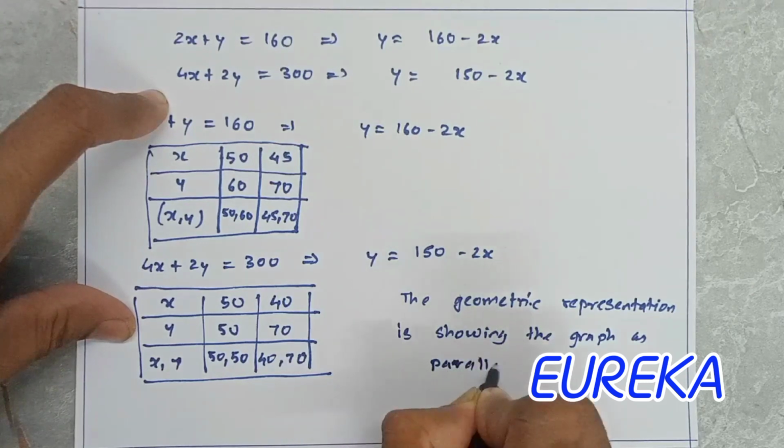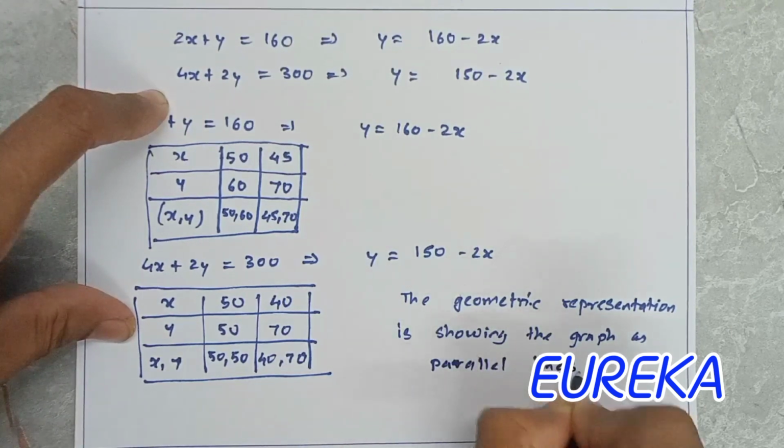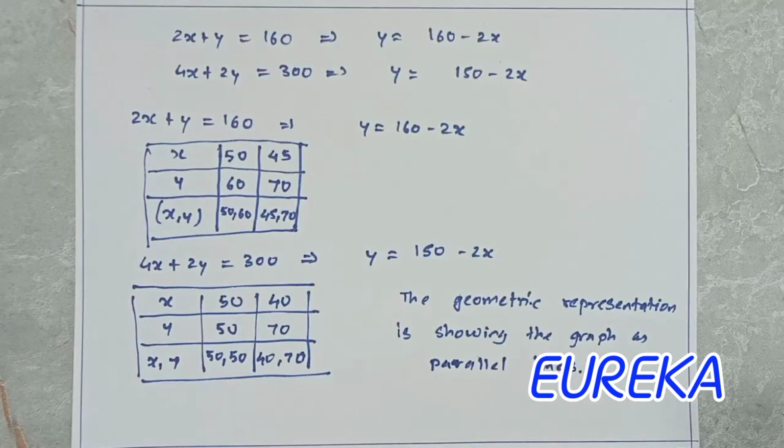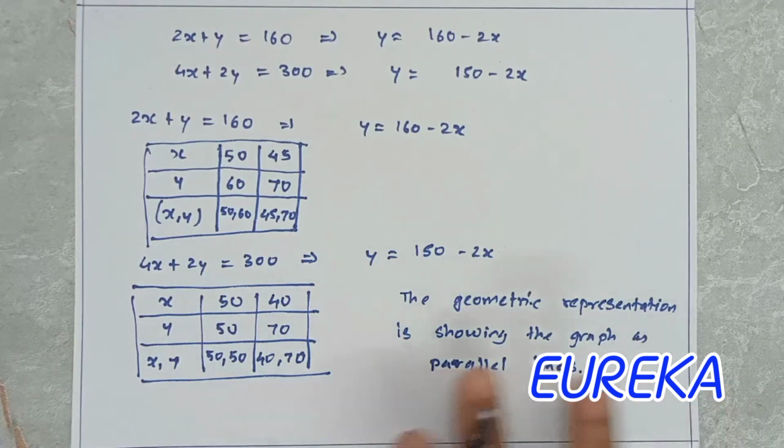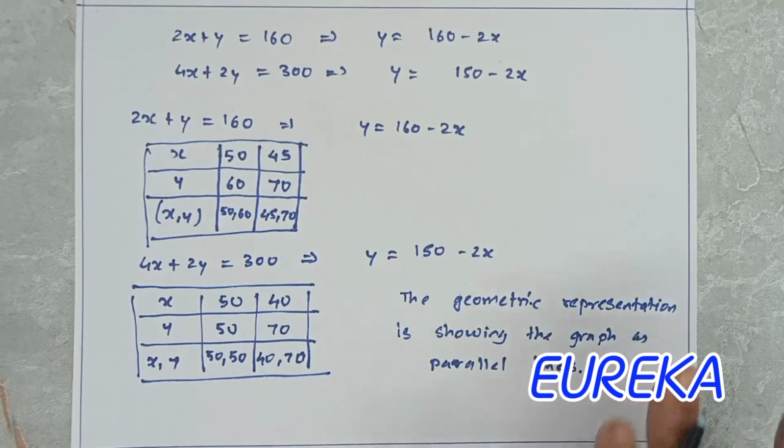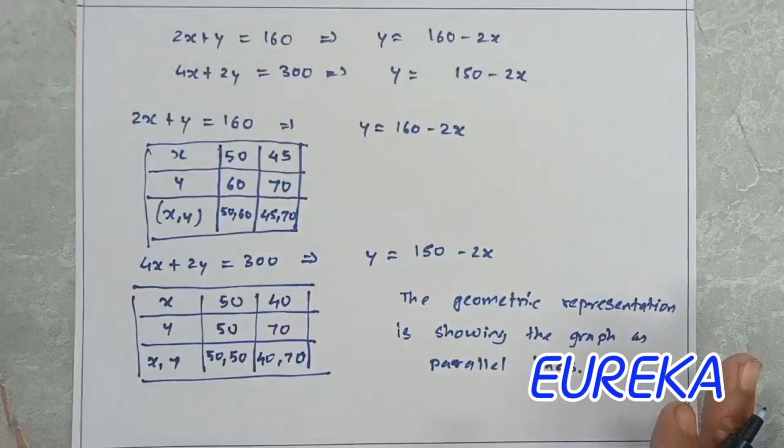We know that if we get parallel lines, there are no solutions, and the system is inconsistent. This is the only situation where we get the system as inconsistent. They have not asked all this, they have asked only for the geometric representation. So what is the geometric representation? It is showing parallel lines.